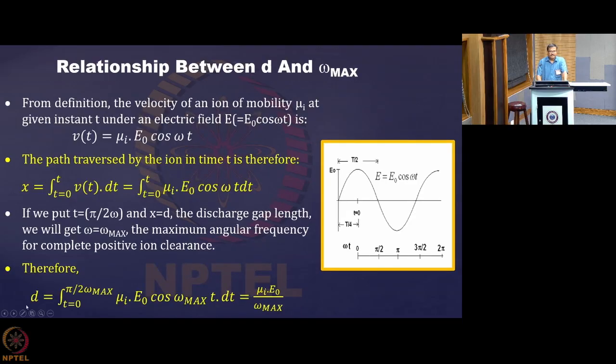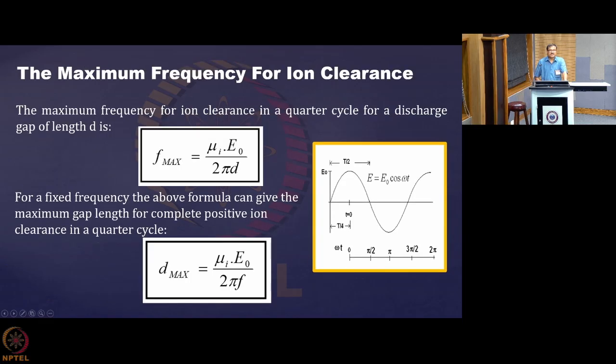You see over here, this was d. So, this is omega, and omega we take this side, that is equal to 2 pi f. So, mu I E0 by d is on this side. If you keep it over here, then 2 pi comes down. So, you are getting this expression, f max equal to mu I E0 by 2 pi d. This is the maximum frequency of the electric field which will allow the ions created during the breakdown mechanism to get collected by the respective electrode.